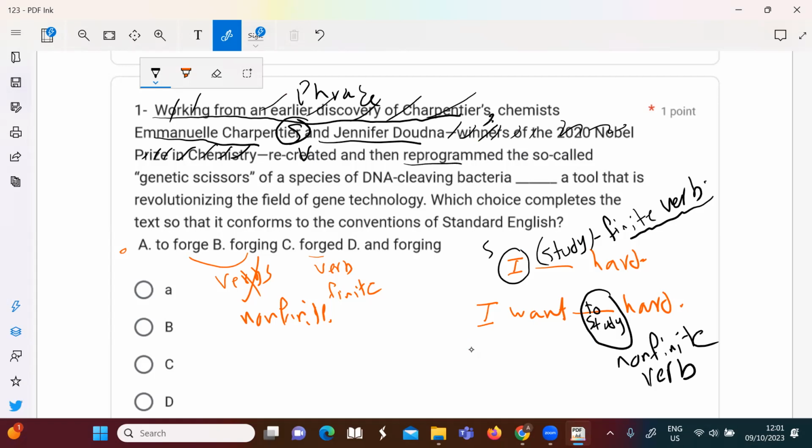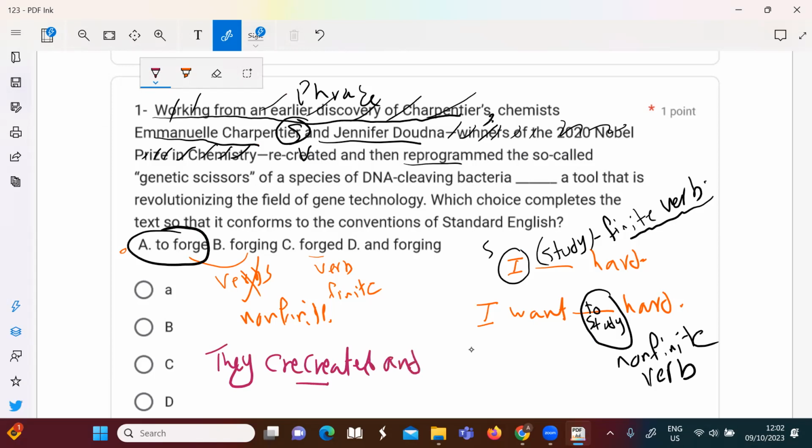So they recreated and reprogrammed forging, ولا forged, ولا to forge. Yes, to. I don't need a finite verb. So the answer will be they recreated. This is the first finite verb.